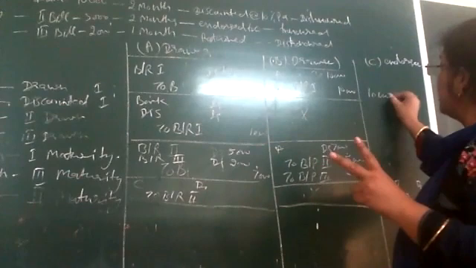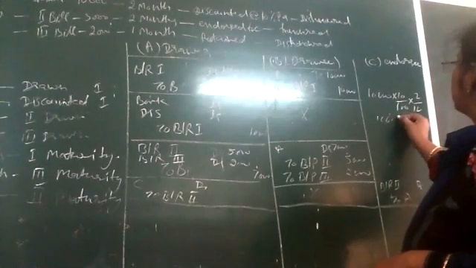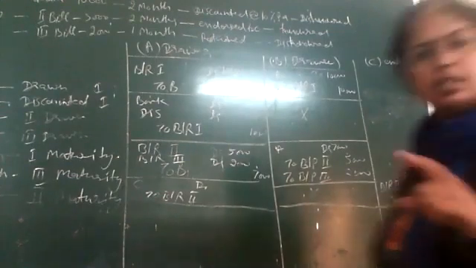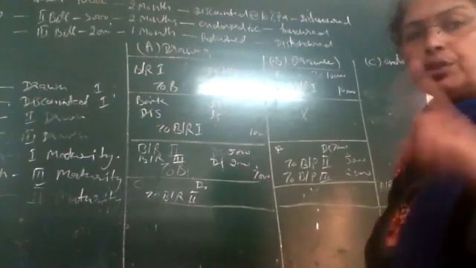10,000, 10%. This is given per annum. Per annum is given, so we have to convert it into months: 2 upon 12. Okay, like this we will draw. That will become 166.6. That means let's make it 170 rupees. You can't do it like this.